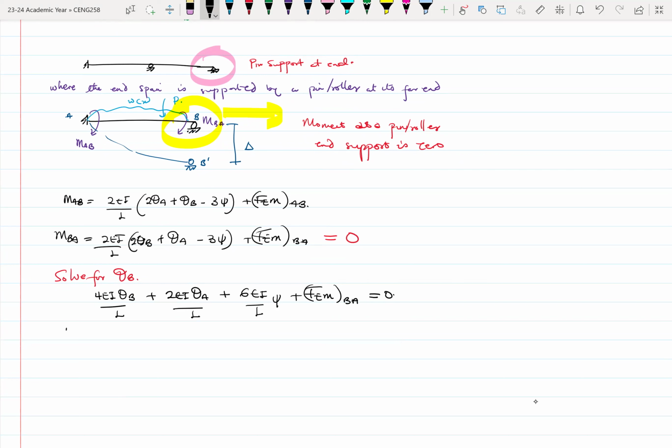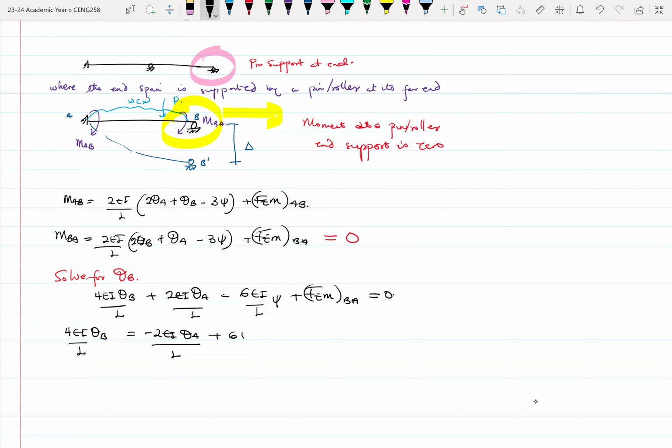So for EI, theta B over L will be equal to minus 2EI theta A over L. Please, this is negative, sorry.